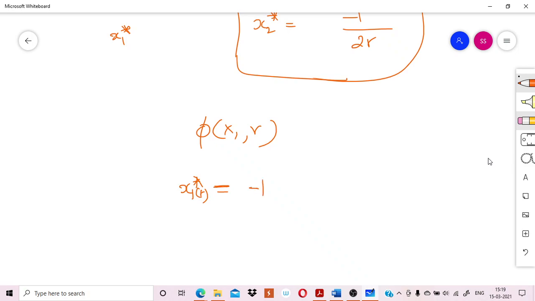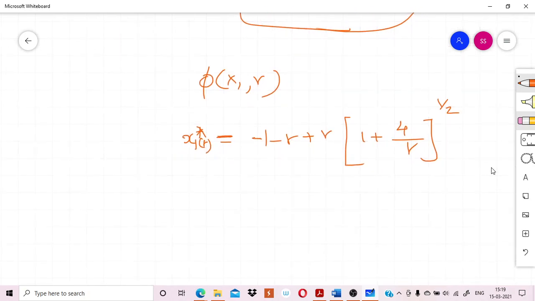Minus 1 minus r plus r into 1 plus 4 by r power 1 by 2. So how did you get this? You got this from x1 star is equal to minus 1 minus r plus under root r square plus 4r.